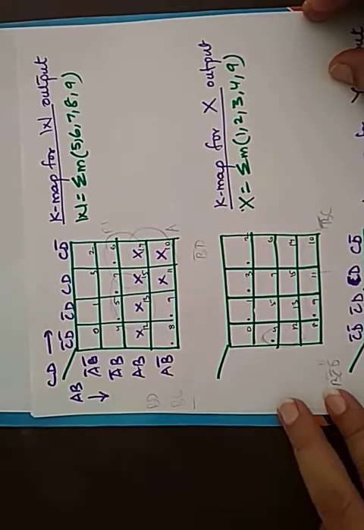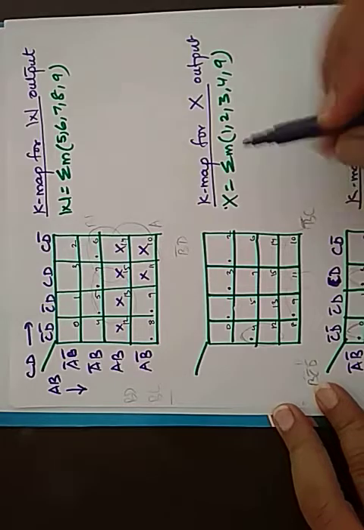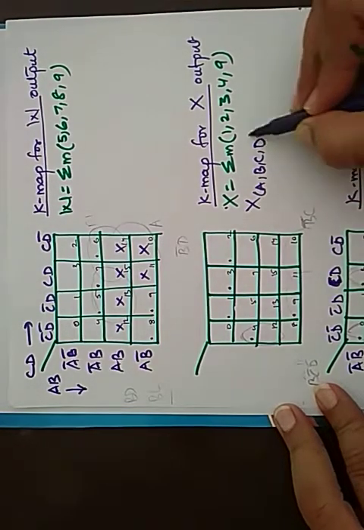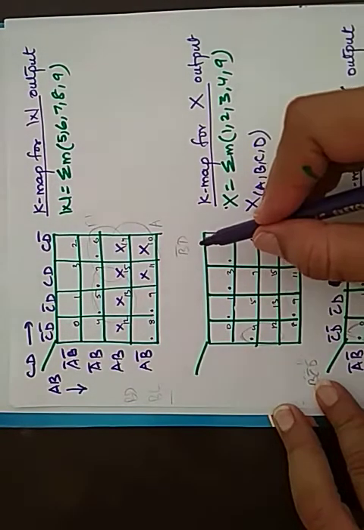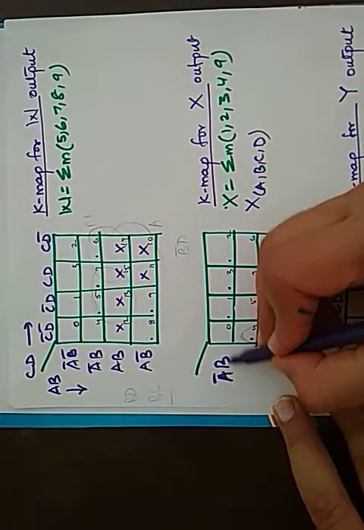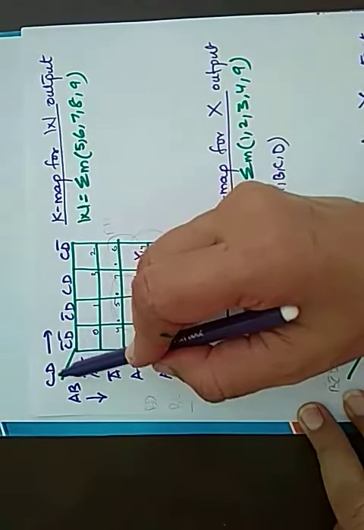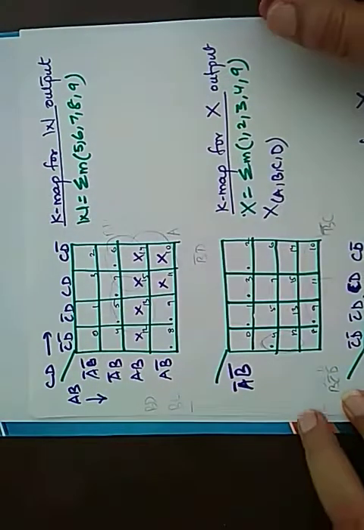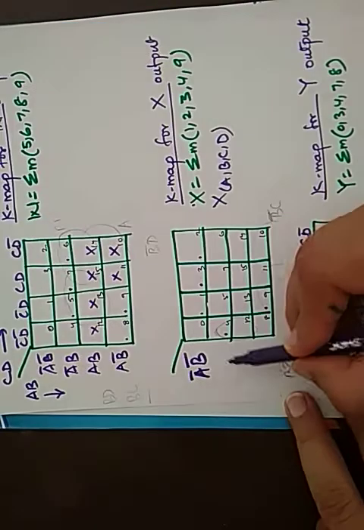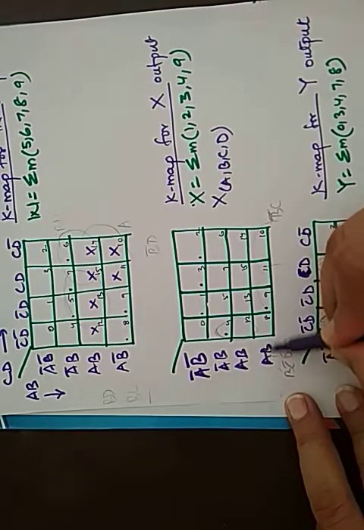Keep in mind that the input variables are, let's do it for the X one, A, B, C, D. So the labeling of the K-map and the numbering has to be done very carefully, with AB on the vertical side, CD on the horizontal side, keeping our standard A bar B bar, A bar B, A B, A B bar.